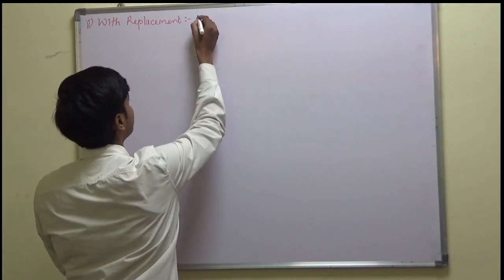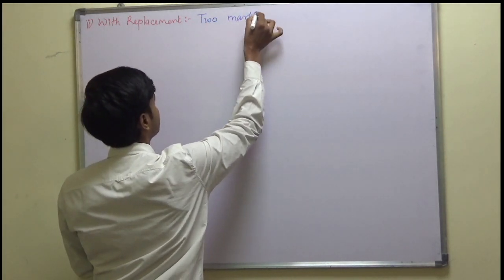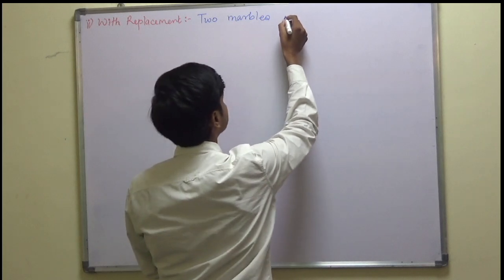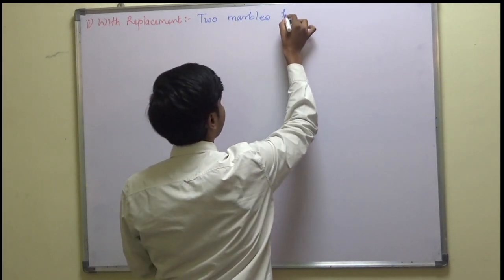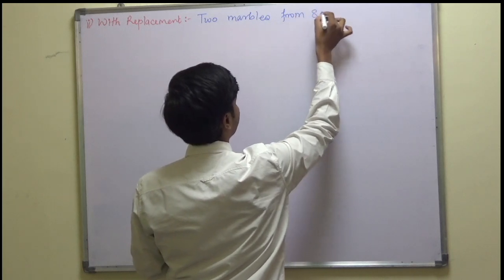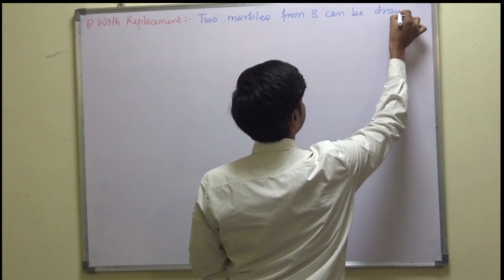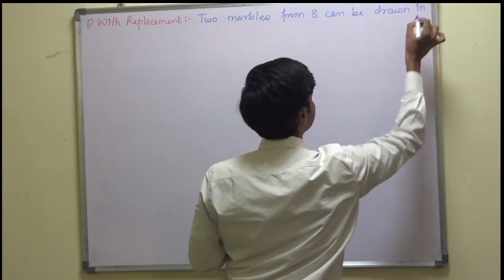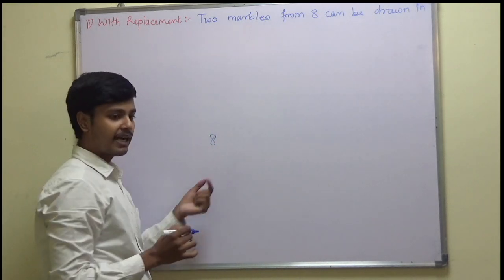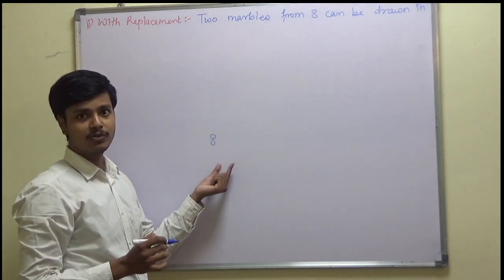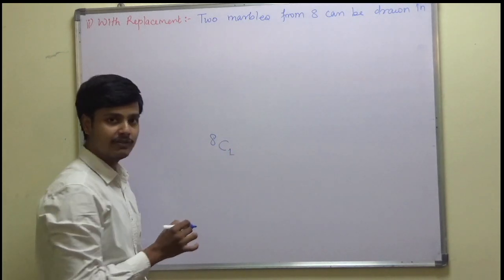We have to draw 2 marbles from 8. In how many ways can this be done? You have 8 marbles and out of these 8 you have to take out 1 marble, so it can be done in 8C1 ways.